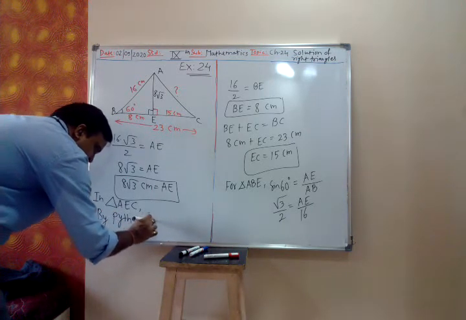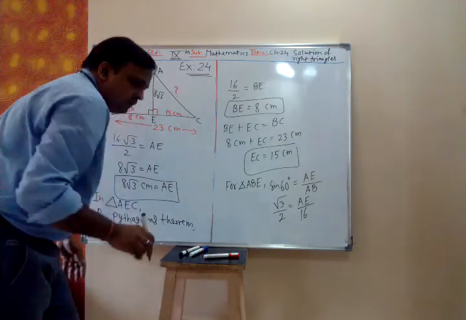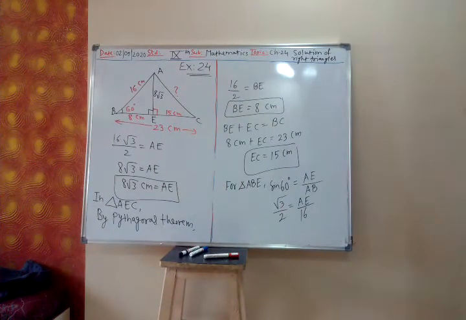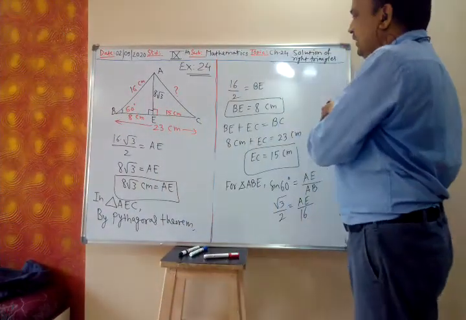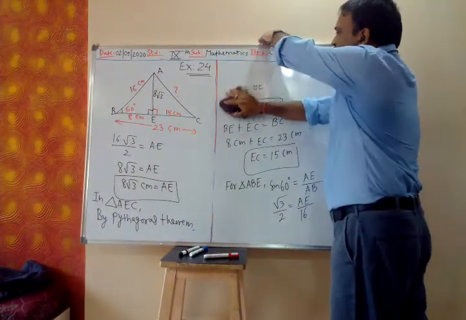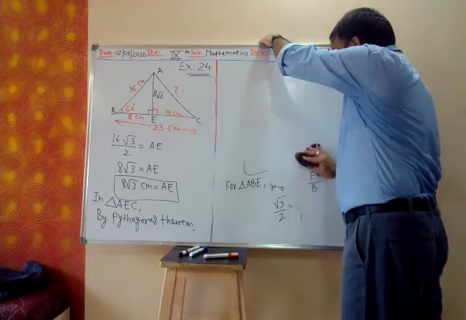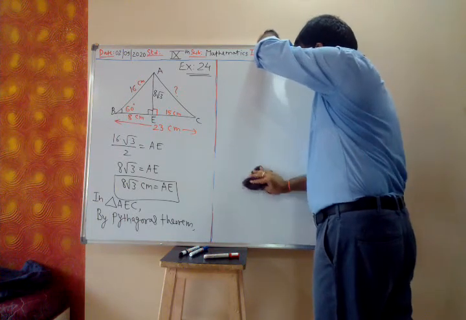By the Pythagoras theorem, AE and EC are the adjacent sides, and AC is the hypotenuse. So what does the Pythagoras theorem say?